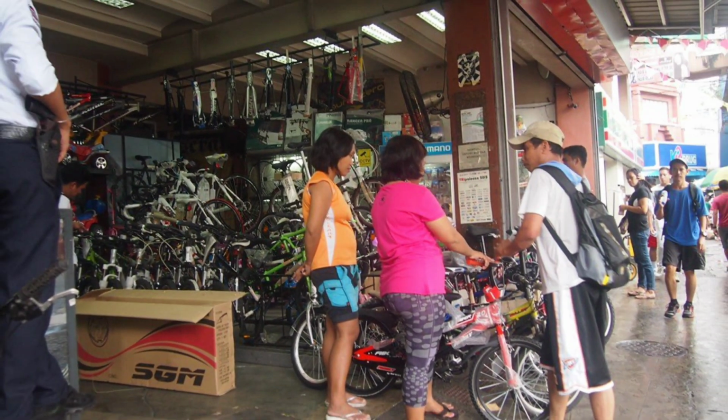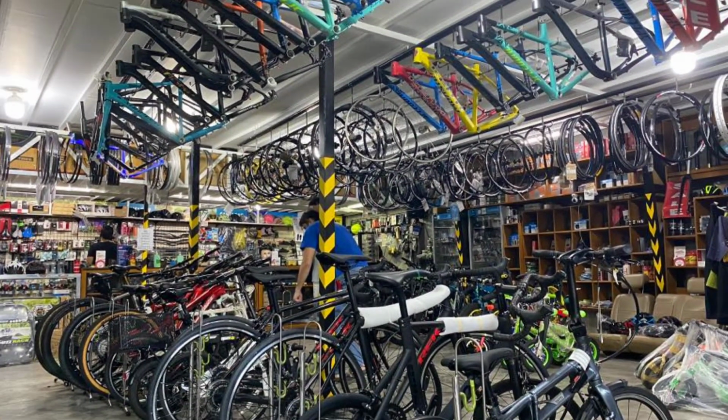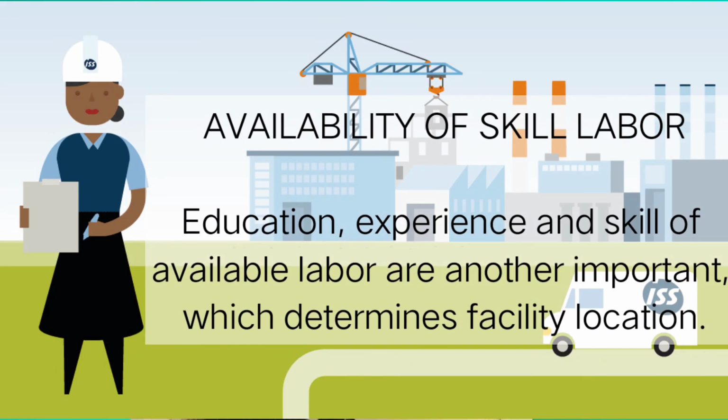Doon naman sa Quiapo, makikita natin yung mga bilihan ng mga bikes, tabi-tabi sila doon. So may isip natin, may bibili pa rin ba kaya sa kanila kung tabi-tabi yung mga stores nila? So, pero, maganda ito na strategy dahil malalaman ng isang customer kung saan sila dapat bumili ng ganitong product o yung hinahanap nilang services na ganito. Number 3 is the availability of skilled labor.